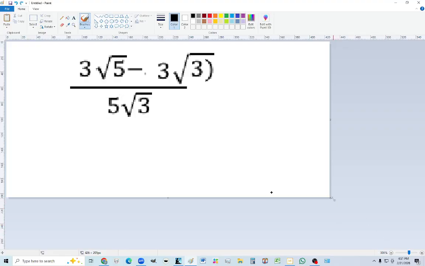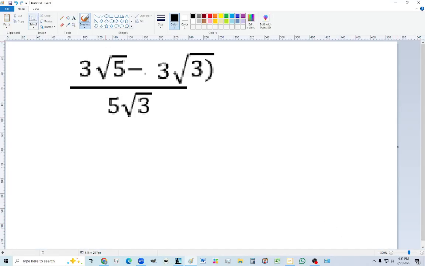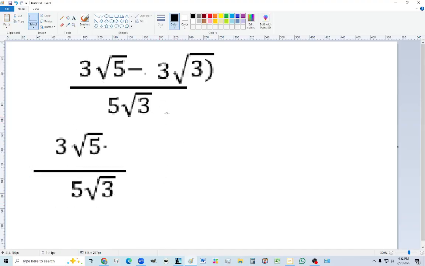There's 2 routes we can go here. We can realize that this is the same as this, minus this over the same denominator.